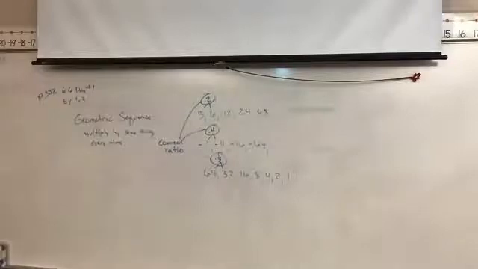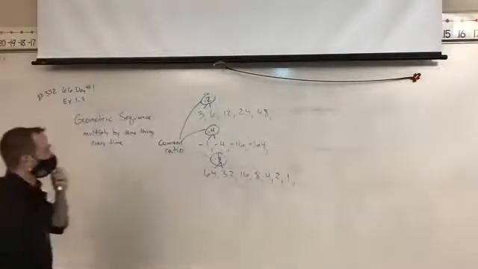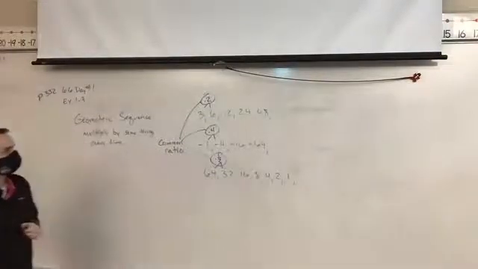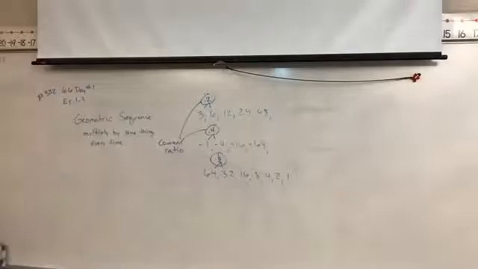And again, it is what we are multiplying by. It's not what we're dividing by. So when we ask for a common ratio, we should never say divide by something. We should always say we're multiplying by, and it just might be a fraction, and that's okay. Any questions on what a common ratio is?